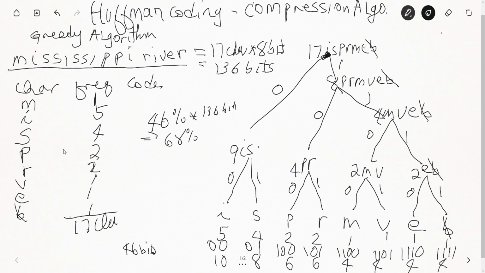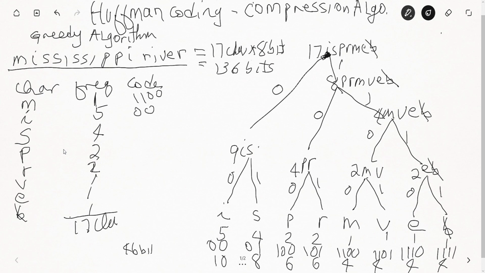Now, how am I going to transmit this? For me to transmit this, I need to transmit the actual tree and the number of characters. So if you look back here, M is represented as 1, 1, 0, 0. I is represented as 0, 0.